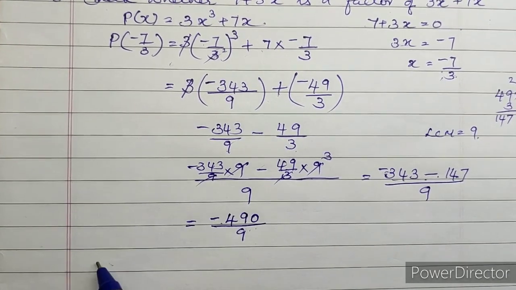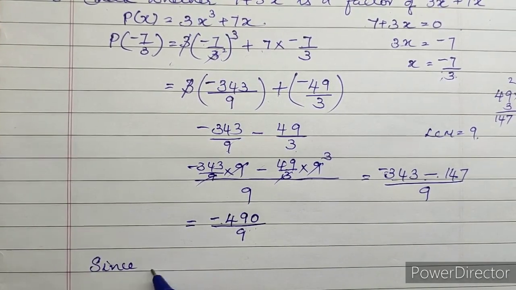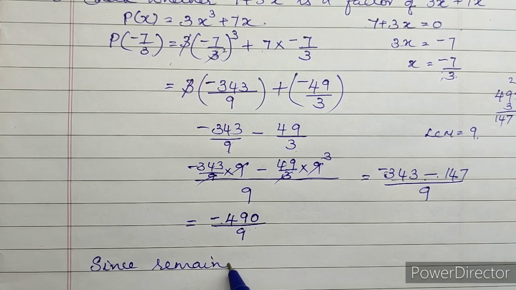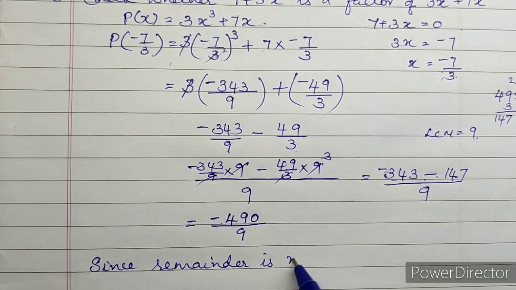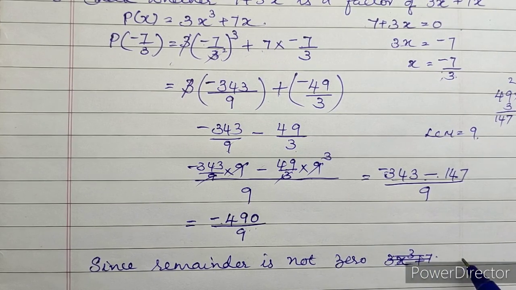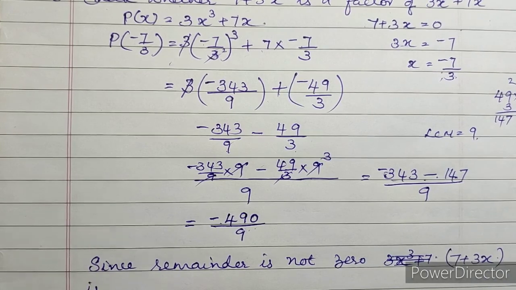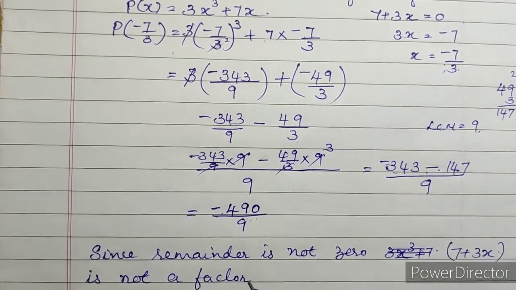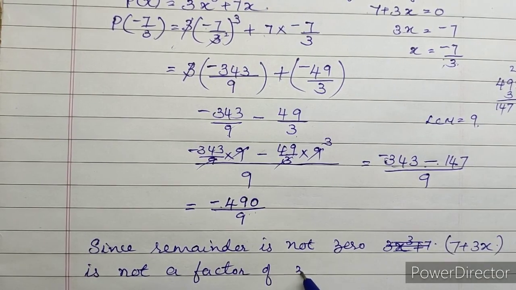So the conclusion you should write: since remainder is not 0, 7 plus 3x is not a factor of 3x cube plus 7x.